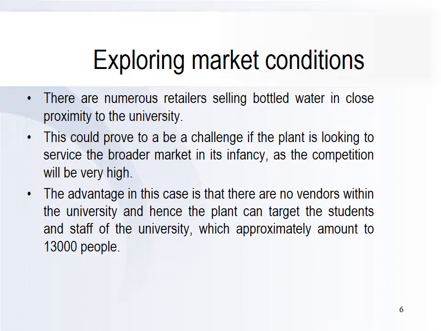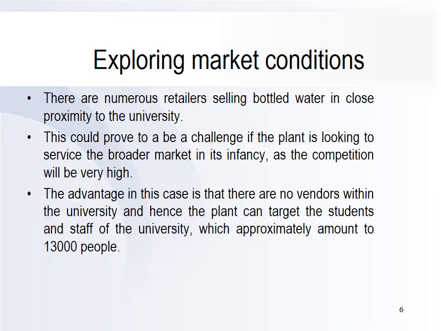The advantage in this case is that we can try and service the university where there are no vendors within the university campus, and hence the plant can target students and staff of the university, which approximately amount to 13,000 people.